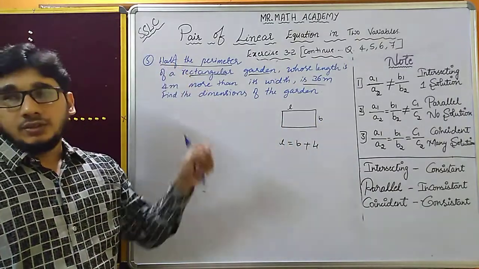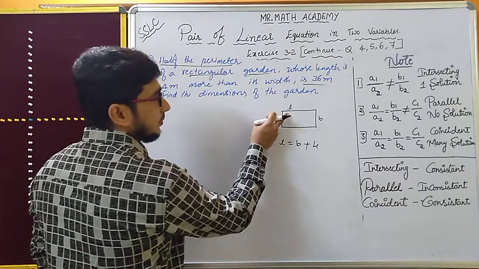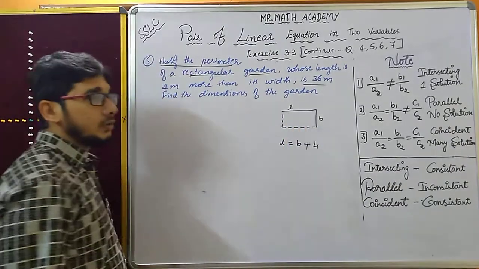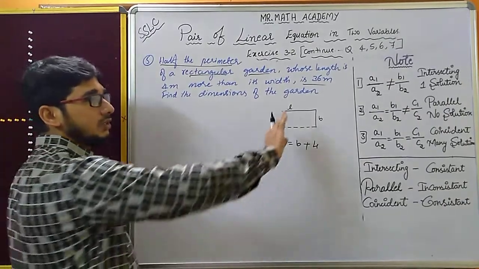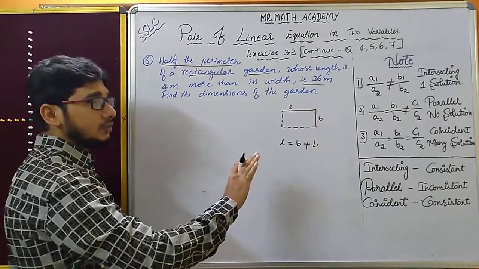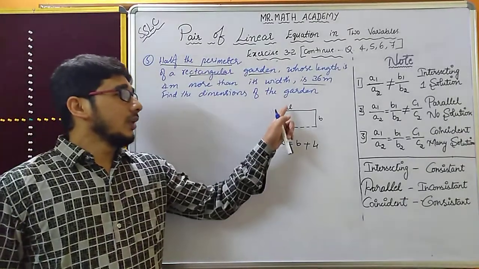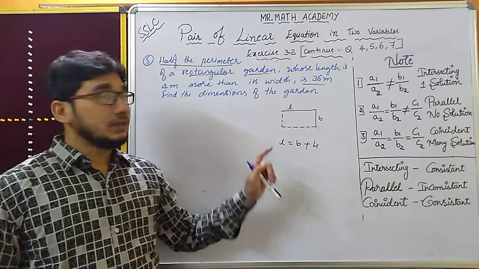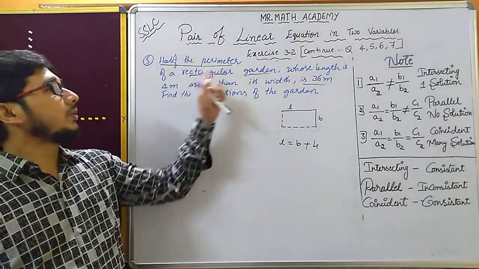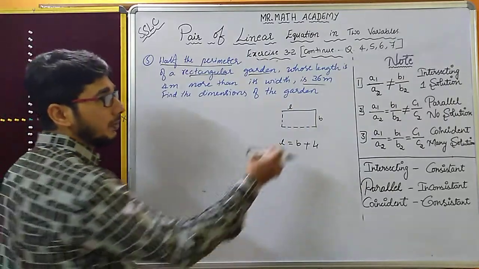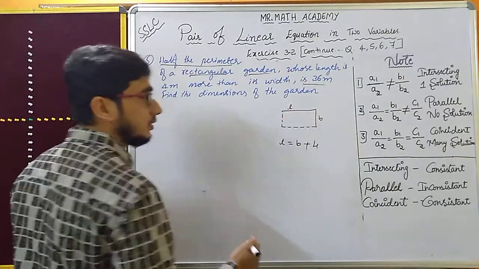But they are telling half the perimeter, so I will ignore these two and consider only that portion.